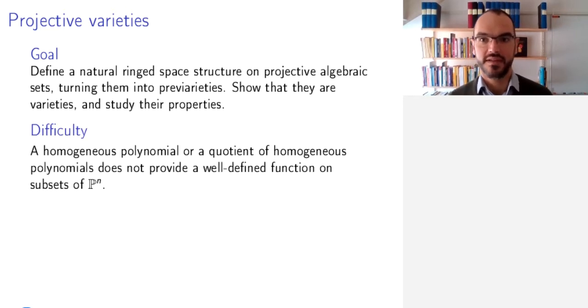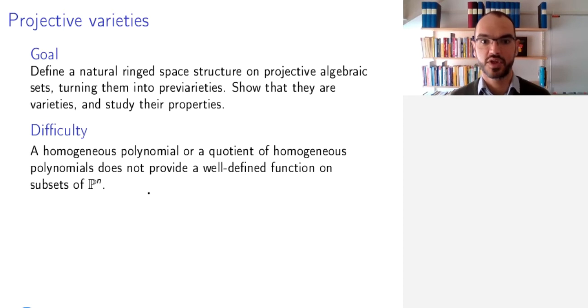The difficulty is that while with affine varieties we could just take polynomials, now we somehow decided that homogeneous polynomials are the right object to deal with, but homogeneous polynomials do not define functions on subsets of projective space.